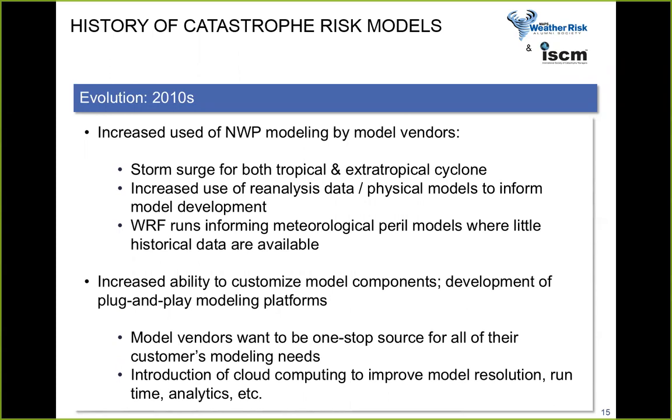For storm surge, you need such a level of model resolution and precision to get accurate results that they really have no choice but to use NWP technology. Also, though most models, aside from storm surge, remain statistically based at the moment, the modeling firms have increased their use of reanalysis data and using physical models, such as the WRF model, to inform their statistical model development, particularly where little historical data are available.